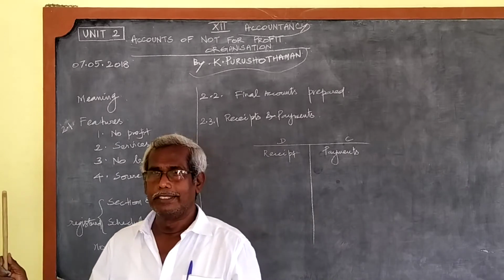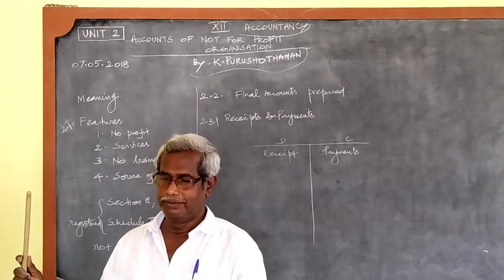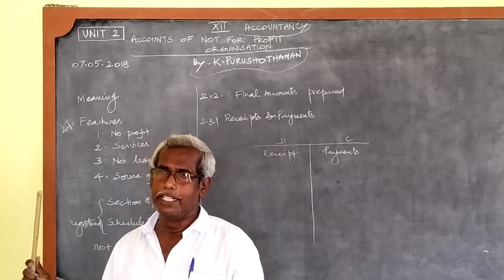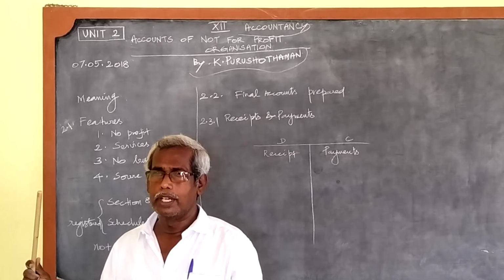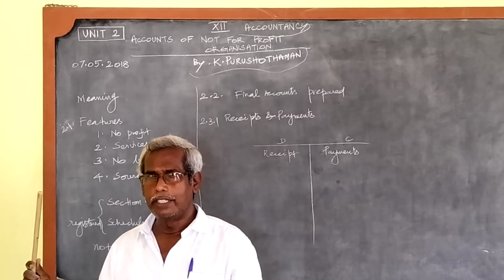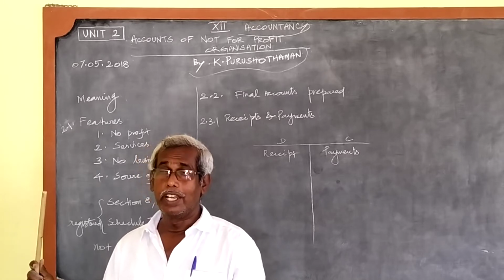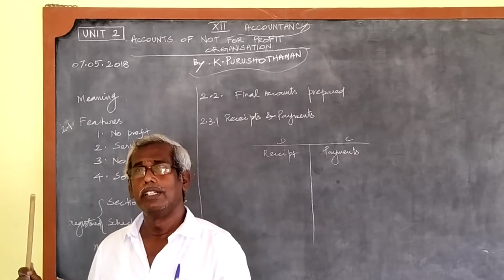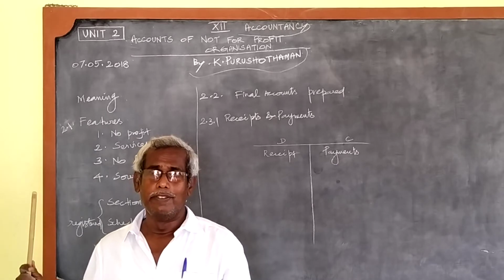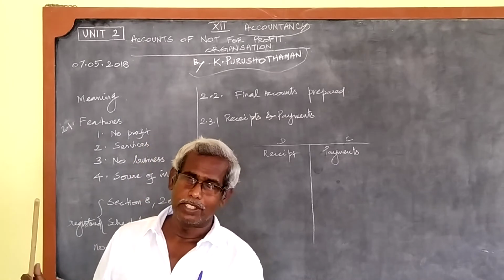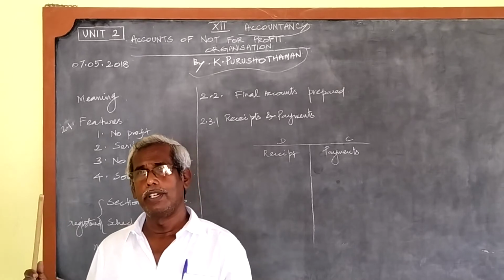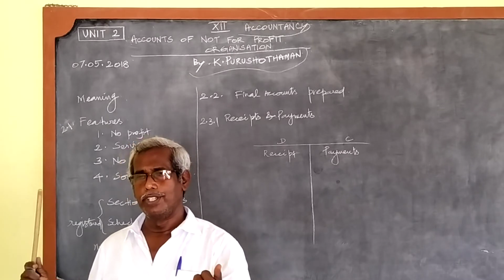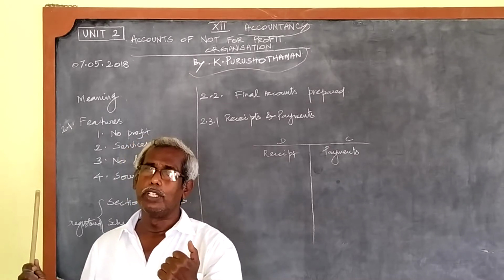See, in any country, especially in India, if we want to start any type of organization, whether it is a for-profit or not-for-profit organization, there are some rules and regulations framed by the government which we should follow when we start the organization. Whatever the type of organization it is, we should follow certain rules and regulations.